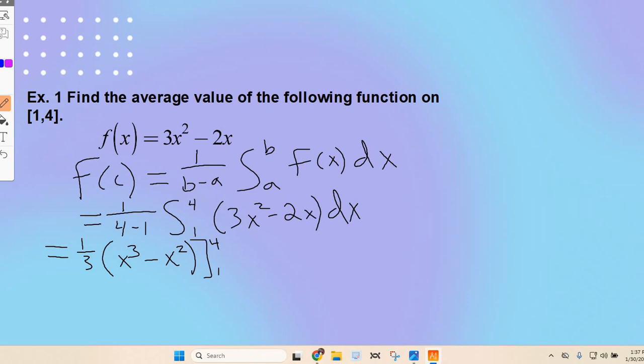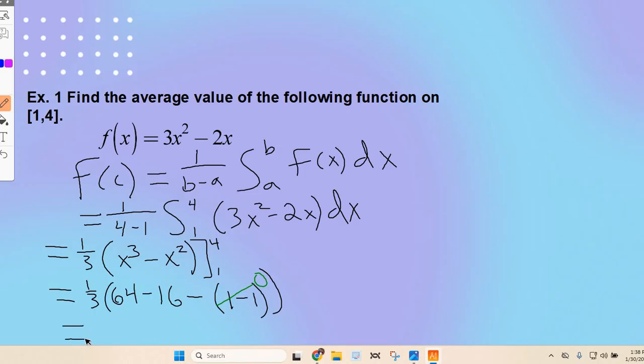What is 4 cubed? 64. Okay. What is 4 squared? 16. Okay. Then I'm subtracting. Well, what is 1 cubed? 1. What is 1 squared? 1. So what do I get in my second part? 0. Yep, that part just goes to 0.